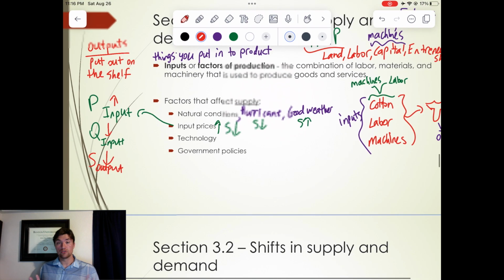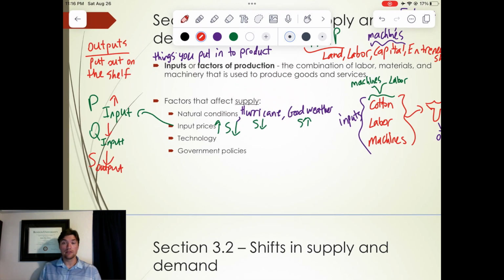And that's why it's very important to identify what is an input and what is the output, because when the price of the input changes, that will affect the output every time. And you're going to see this in the news: because the price of steel is going up, that will affect the price of cars.